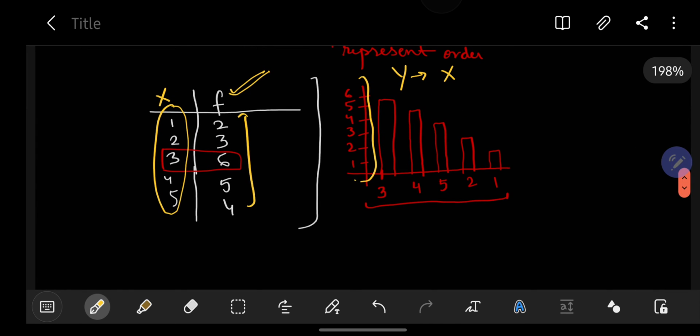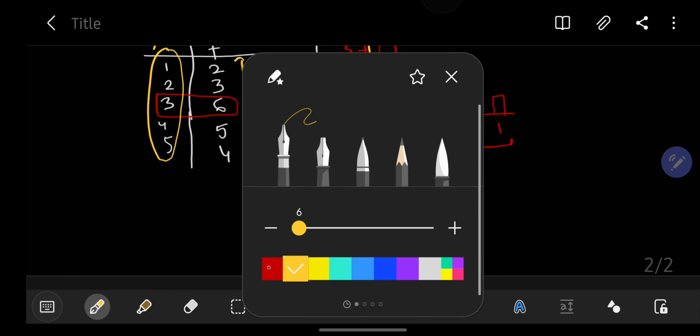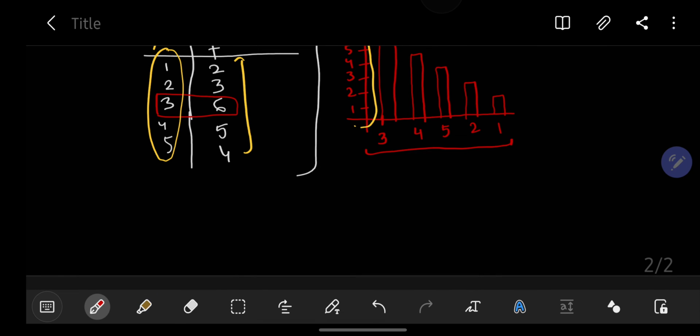Now I must also draw the misleading one. So the misleading graph for this would be something like this for 1, 2, 3, 4, 5 and 6.